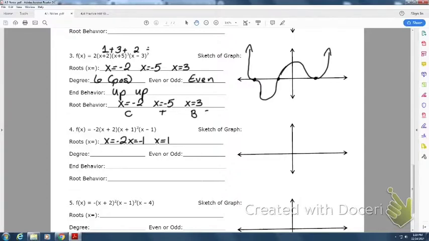Jake, what would the degree of the whole function be? 5. And is it positive or negative? Okay. So, Colton, if I have a negative odd degree, what's my end behavior going to be? Up, down.